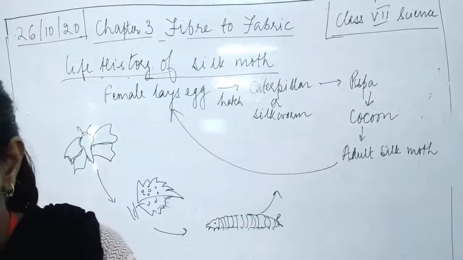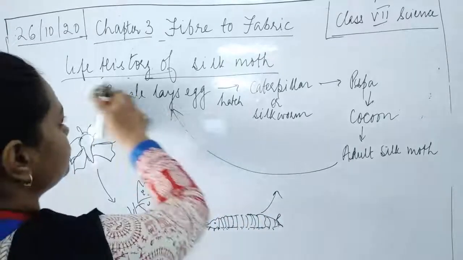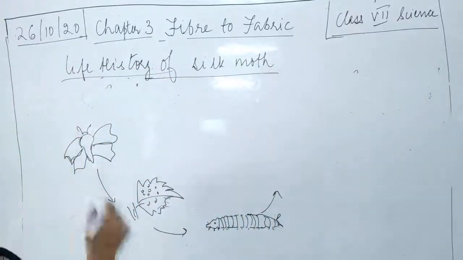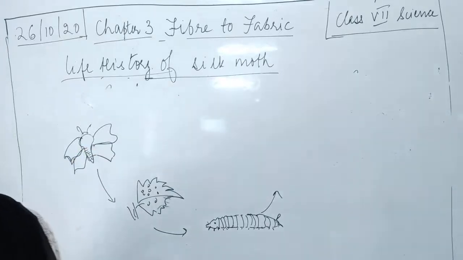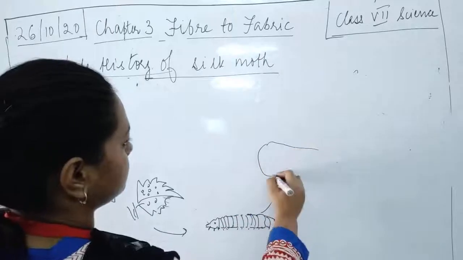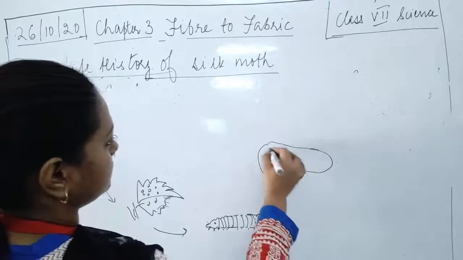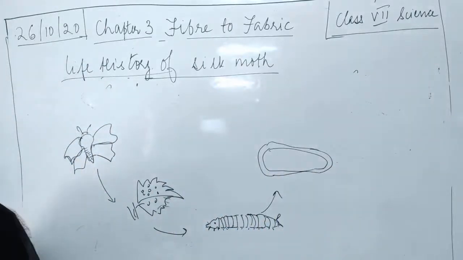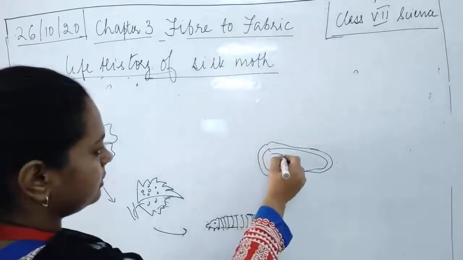Then it develops into the pupa, and inside this there is one animal.